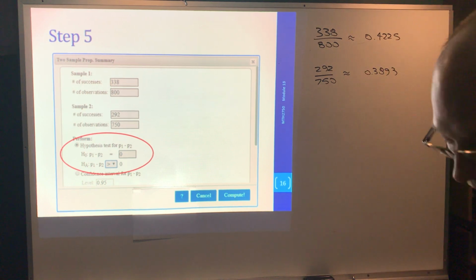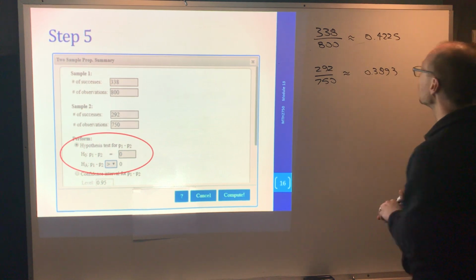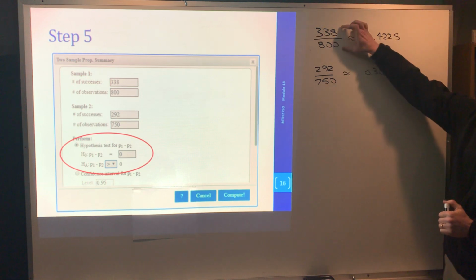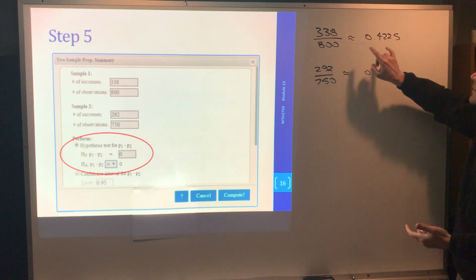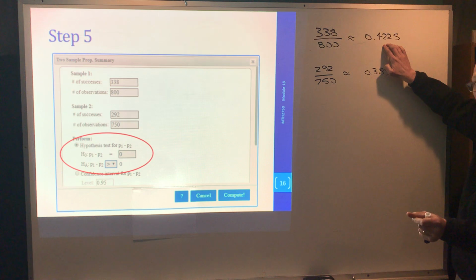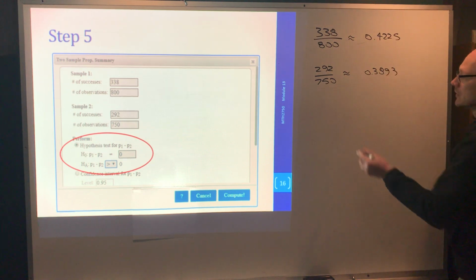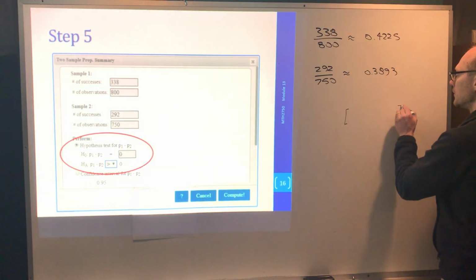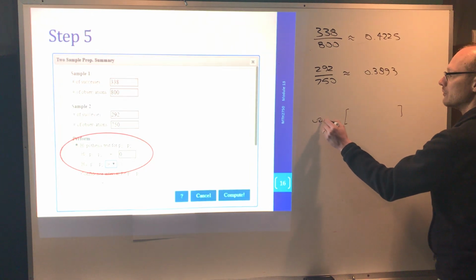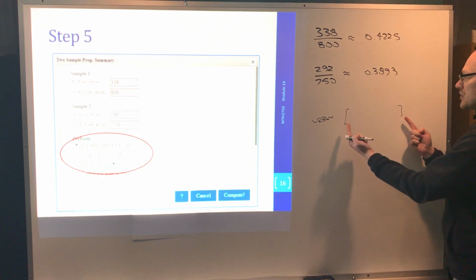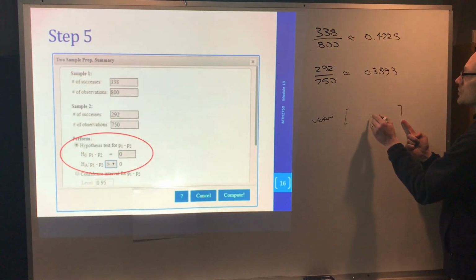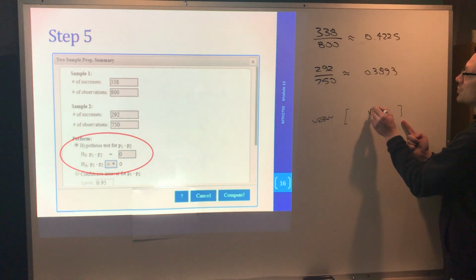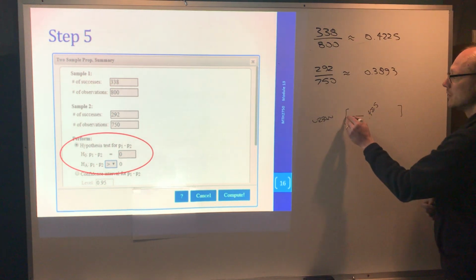Now, we would all agree that this is a sample of urban. This is a snapshot point estimate. The real value for urban is somewhere between these two values, with 0.4225 in the middle, right?